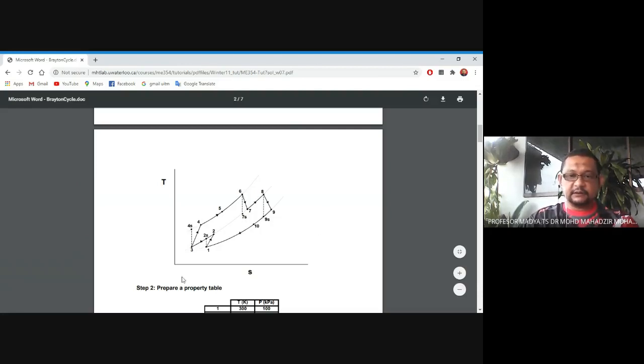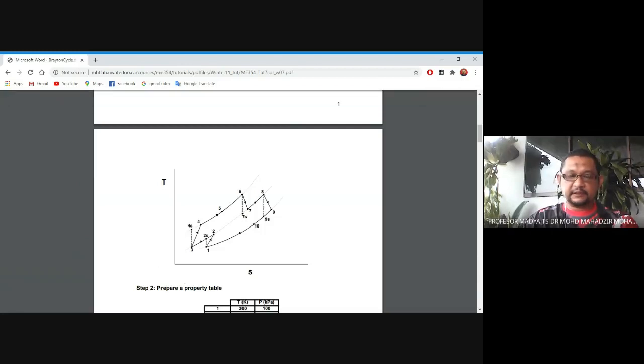This is a graph of the TS diagram based on the three modifications. But this is not for the ideal, this is for the actual. That's why processes 1 and 2 have a dotted line and a straight line. Also for the turbine, you have two situations: dotted line and straight line.